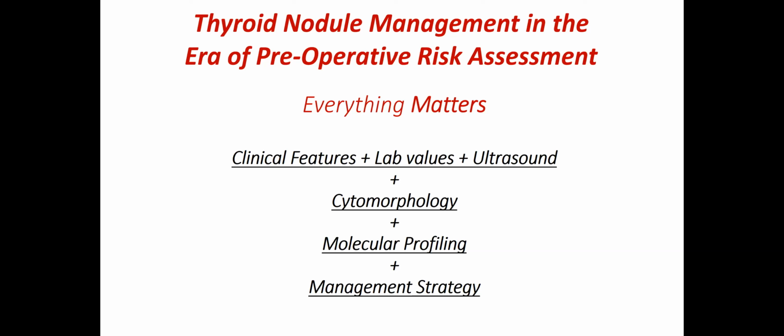You cannot treat every single thyroid nodule the way you treat others. This also applies to histopathologic follow-up, what type of cancer it will be, and what the management strategy will be even after surgery.